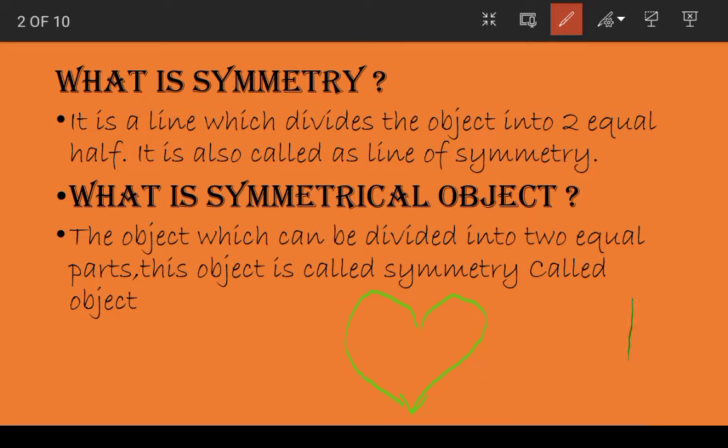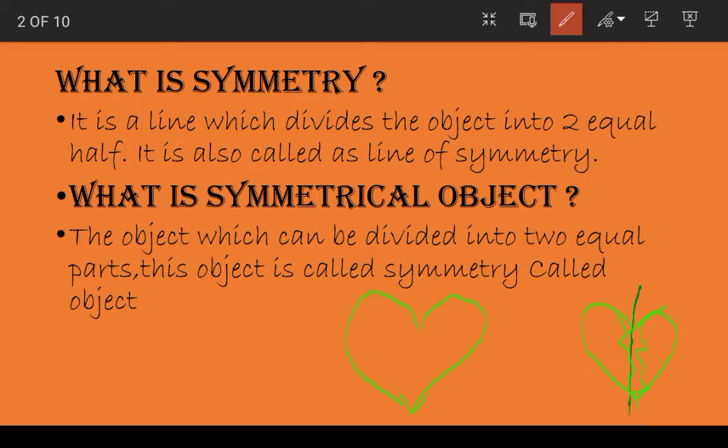Whenever you have drawn the heart, what do you do? Firstly, you cut it from between, and then make the edges along the sides.